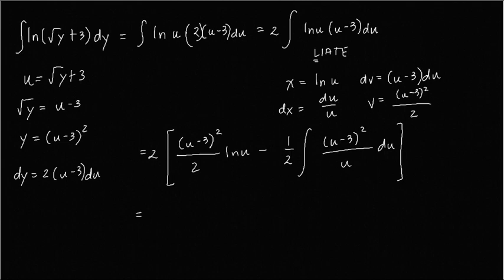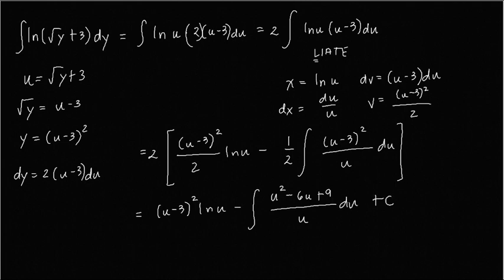So, distribute na natin ito, no? We have u minus 3 squared ln of u minus yung 2 times 1/2 magiging 1 din na. So, magiging ano ito? U squared minus 6u plus 9 all over u du.